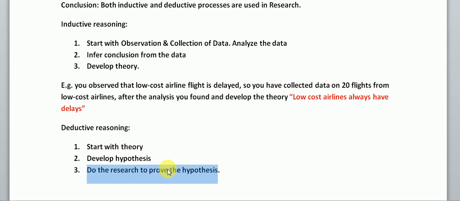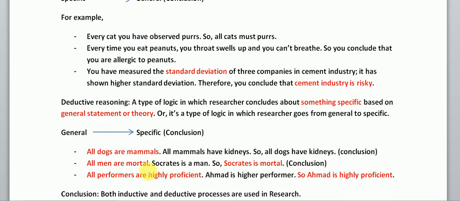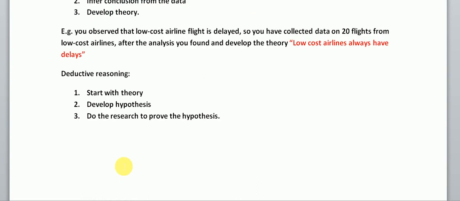Like as I have given example here in deductive reasoning, a theory is a general statement. So for this kind of deductive research method, we must start with a theory, and then we have to develop some hypothesis, and then we have to conduct a research to prove the hypothesis.